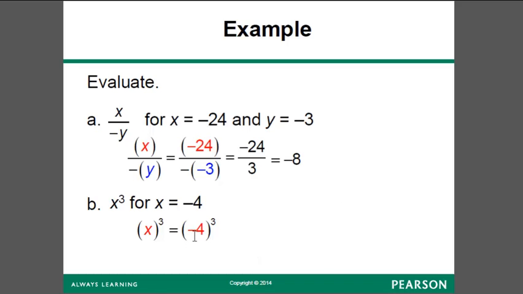I would have an odd number of negatives. So my answer would be, I apologize, that should say negative 64. Yeah, that should be a negative 64. I do apologize about that. It should be negative 64 since I have an odd number of negatives.